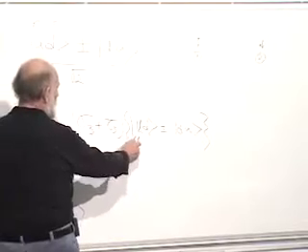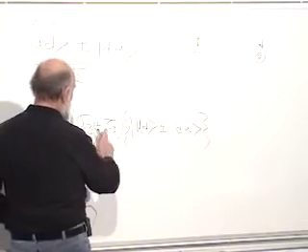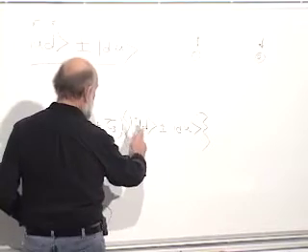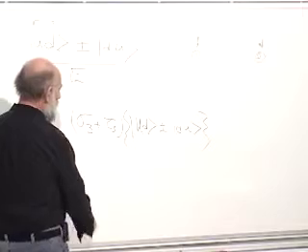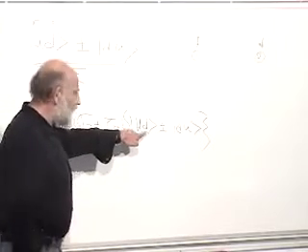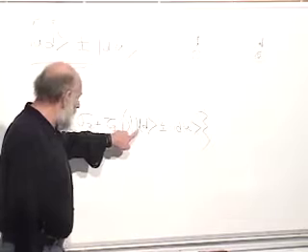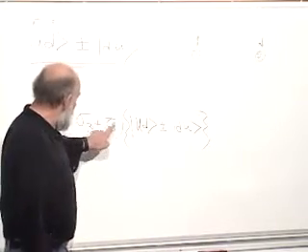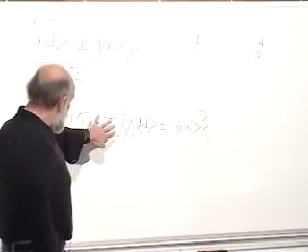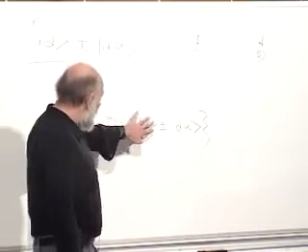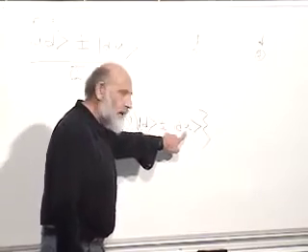Sigma 3 acting on up gives plus up. Tau 3 acting on down gives minus. So sigma 3 plus tau 3 acting on up, down will give 0. Sigma 3 acting on up gives plus. Tau 3 acting on down gives minus. And so sigma 3 plus tau 3 definitely equals 0 for the left-hand state and also for the right-hand one over here.